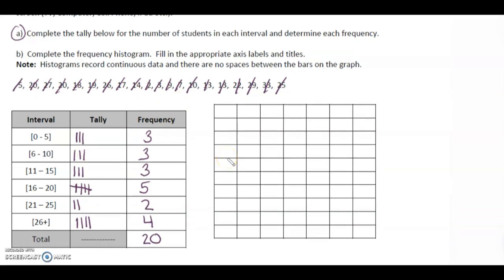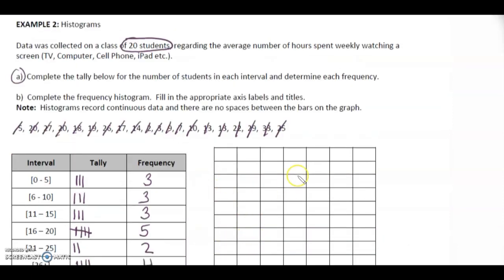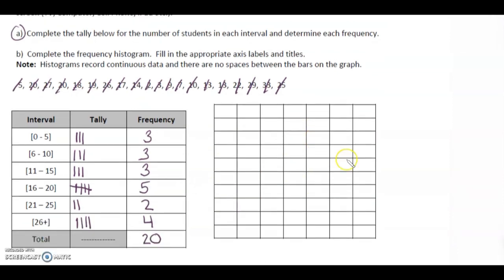So let's now create a histogram. So what we want to do is put the intervals at the bottom. So remember, this is number of hours versus frequency. So number of hours like on a device, versus frequency.